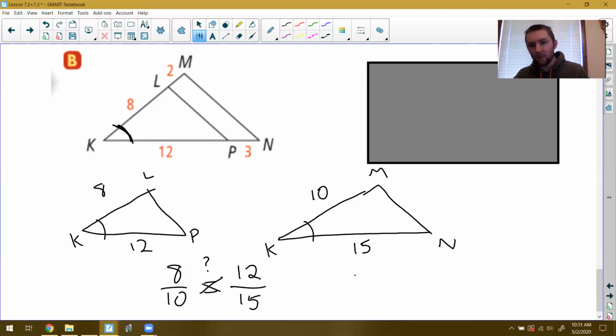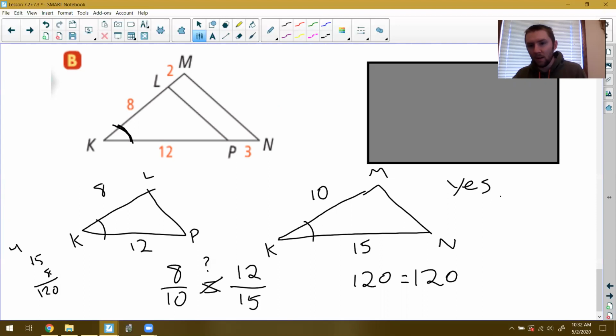So if you do 10 times 12, you get 120. If you do 8 times 15, 15 times 8, 0, carry a 4. 8 times 1 is 8, plus 4 is 12, 120. So yes, these are in equal ratio, right?